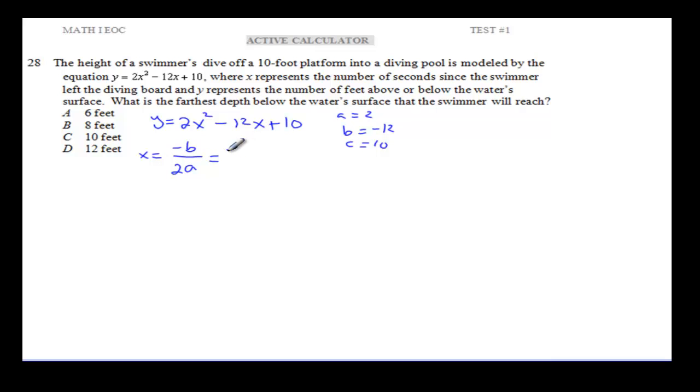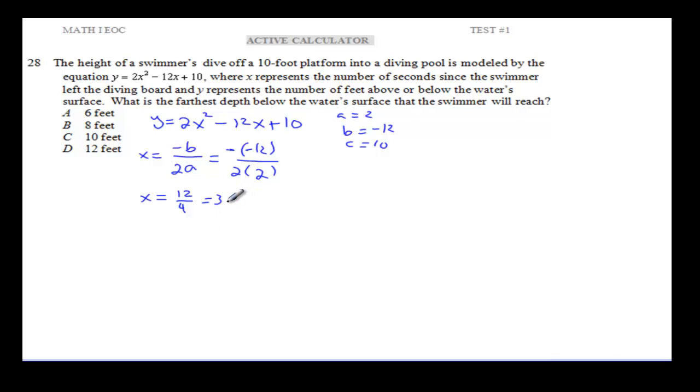Negative b over 2a, and I would like you to put it in parentheses so you don't get confused between the negative signs. Negative negative 12, that is b, and a is 2. So x in this case will be a positive 12 over 4, which is 3.